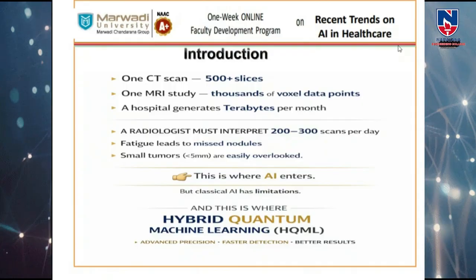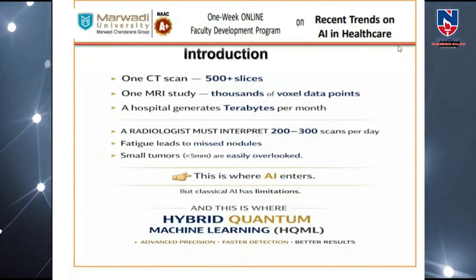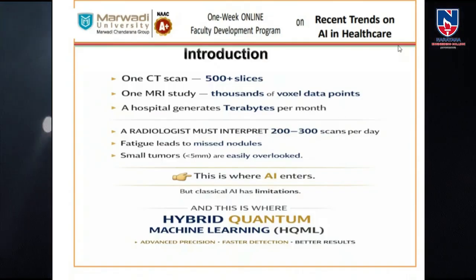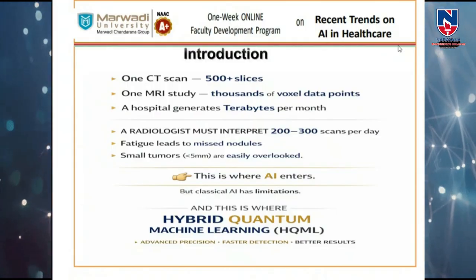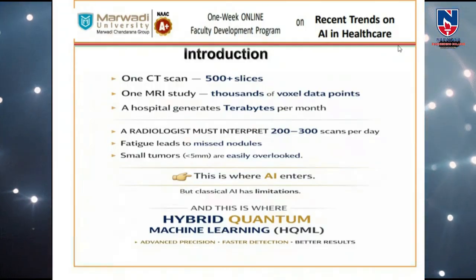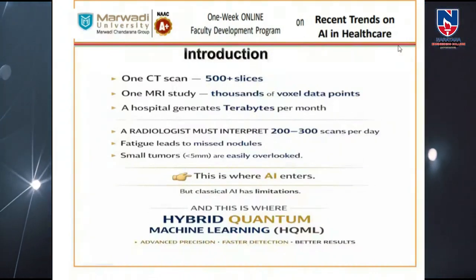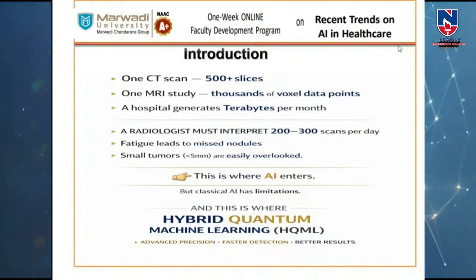And so people are adding quantum concepts to existing machine learning, which is called hybrid quantum machine learning, which leads to advanced precision, faster detection, and better expected results.